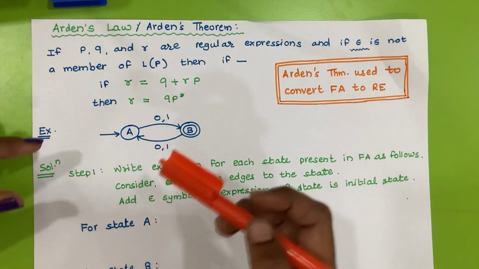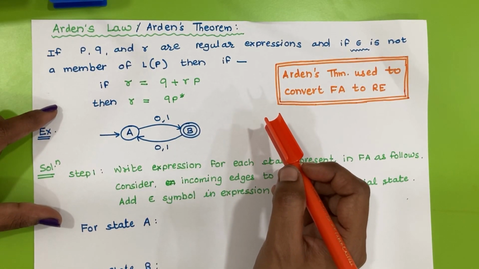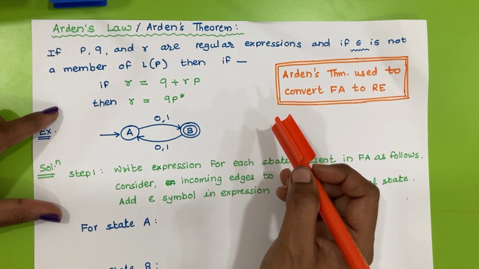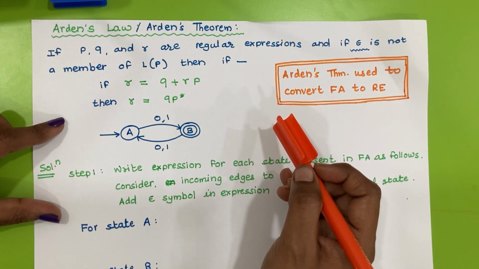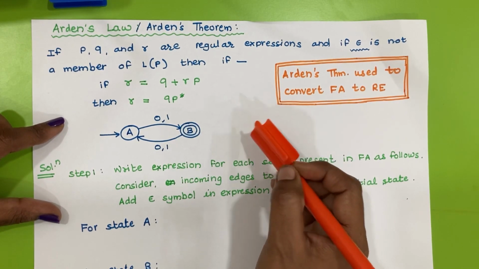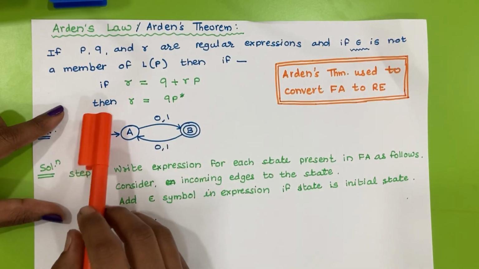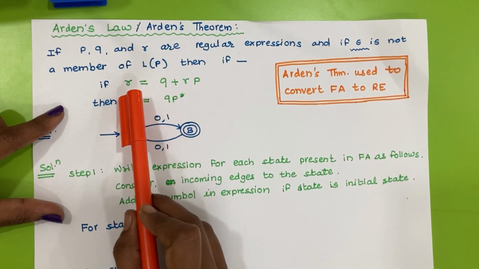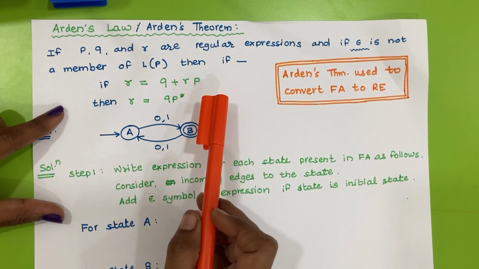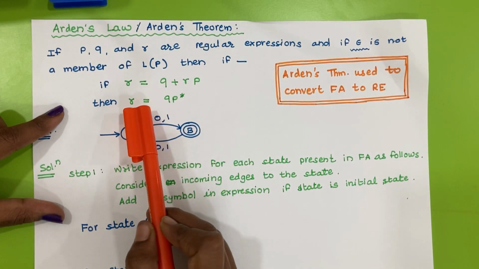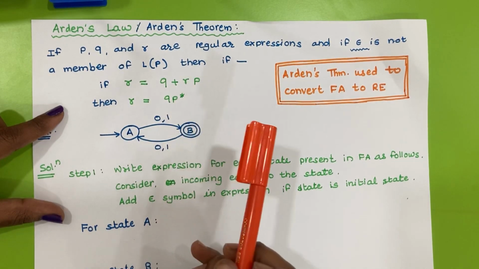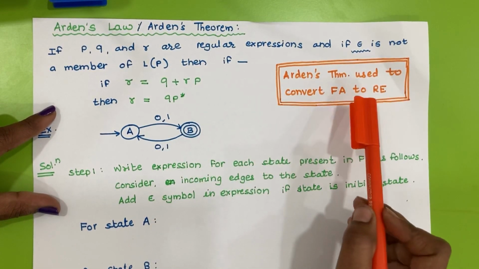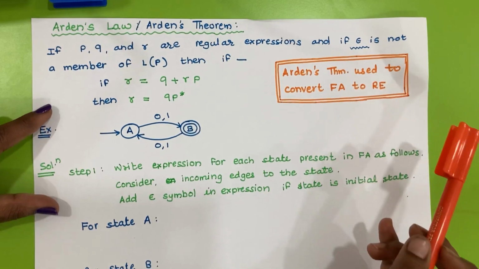Means if L of P does not accept the empty string, and the relation between these three regular expressions is R is equal to Q plus RP, then we can rewrite the same expression as R is equal to QP star. This expression is going to help us convert finite automata into regular expressions.